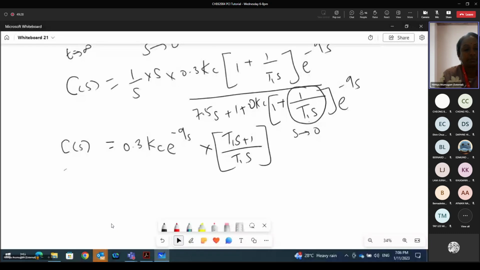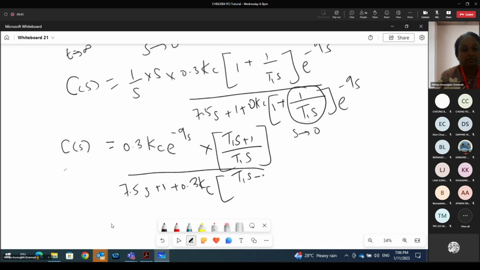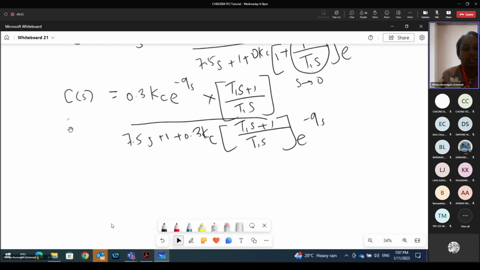It can actually be expressed in this form, simplifying the bottom denominator portion, in which 0.3 Kc, T1 s plus 1 over T1 s, e negative 9s. So this is not the last form, it can still be simplified further.